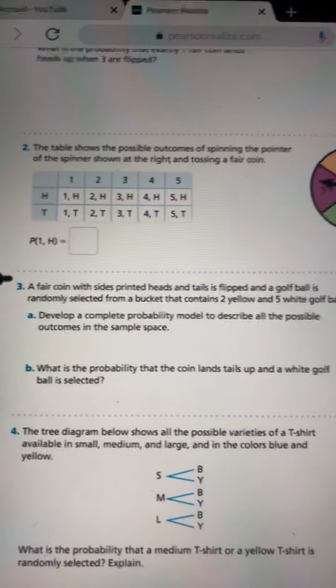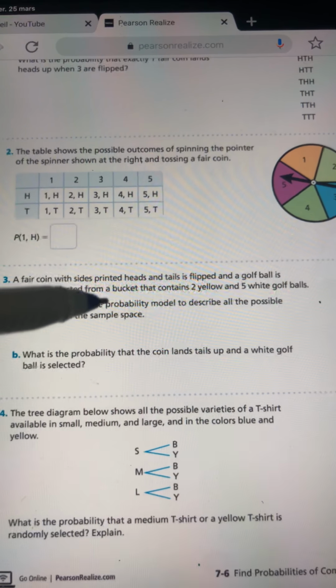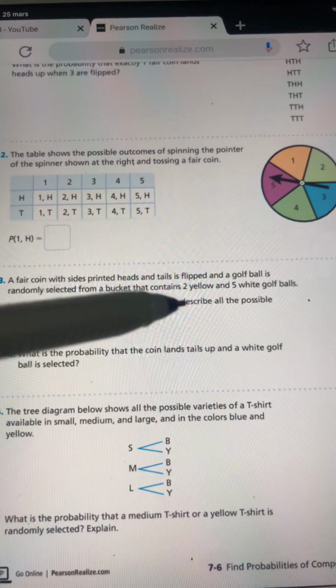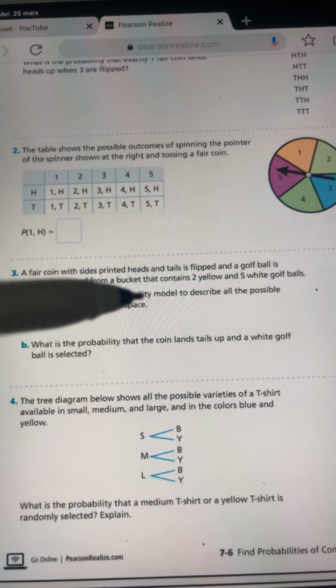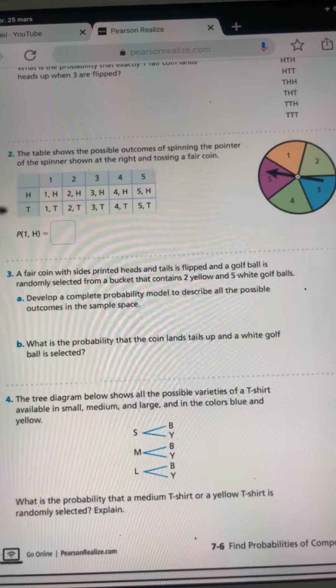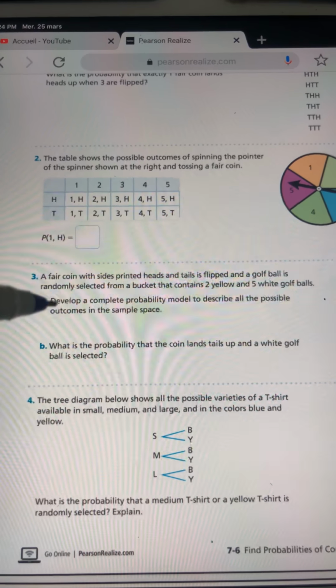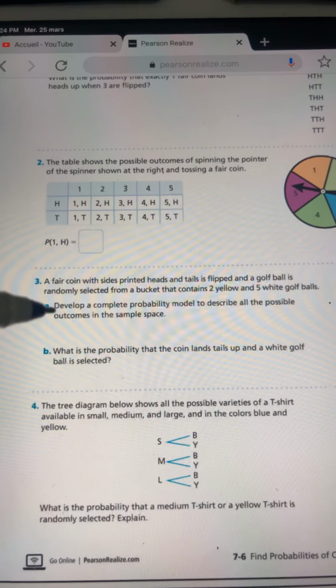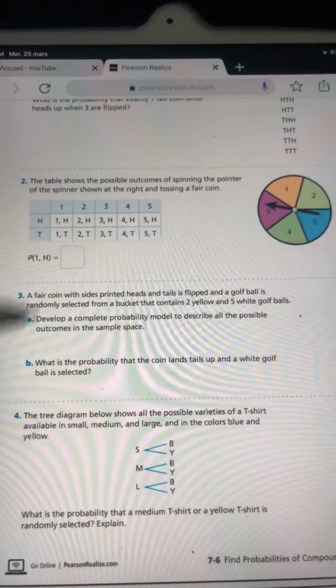A fair coin with sides printed heads and tails is flipped and a golf ball is randomly selected from a bucket that contains 2 yellow and 5 white golf balls. A, develop a complete probability model to describe all the possible outcomes in the sample space. So how to describe this?